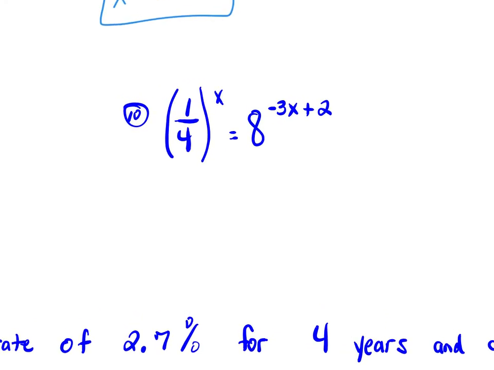Okay. So can we get 8 to look like a 4? Or you can make 1/4 look like an 8. Try to make them have a common base. We can get them both to look like a 2.